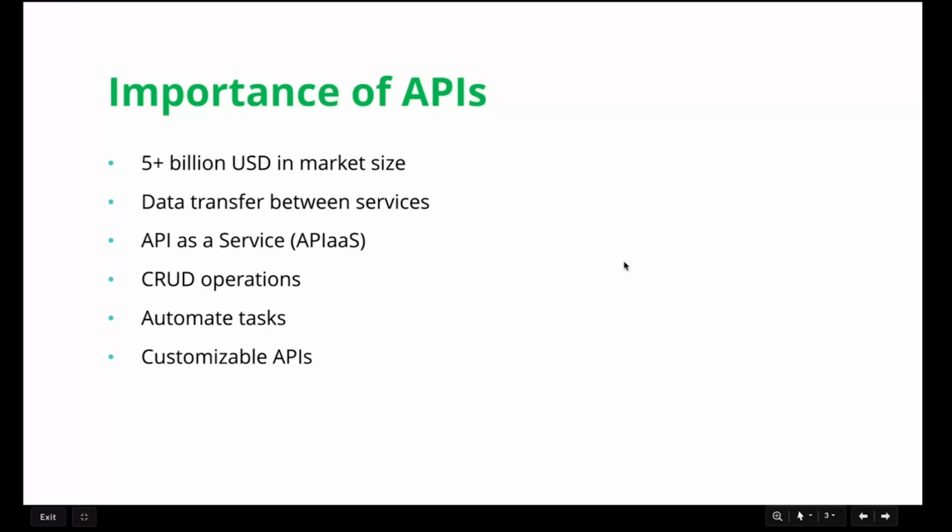Either the data is sent already, or the API call will be made at the preset time, so that your automation happens. So that is an easier way of looking at it. But in the larger picture, companies running huge businesses and servers across the globe want their tasks to be automated in such a way that it's easier for them to do it without manual intervention. In those scenarios, APIs are very, very important.